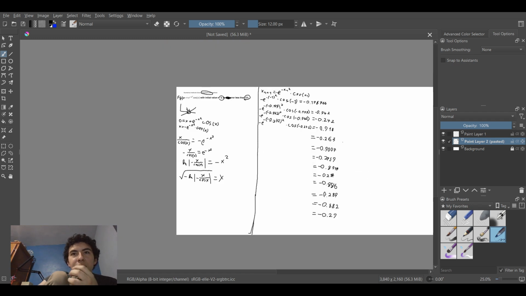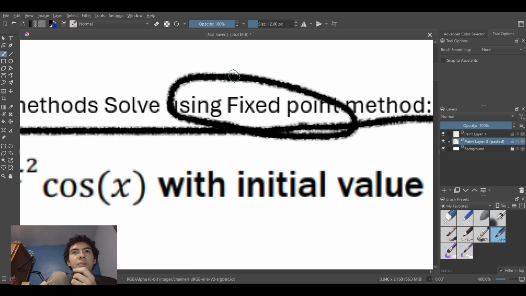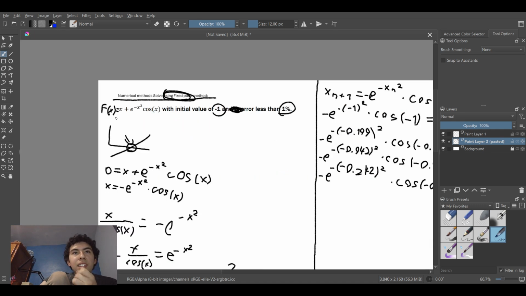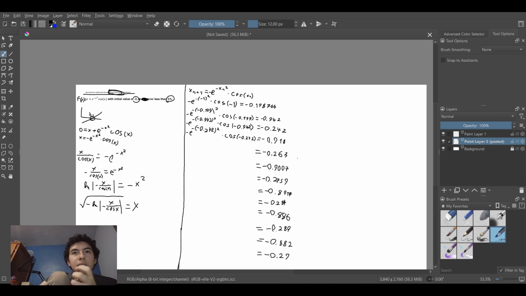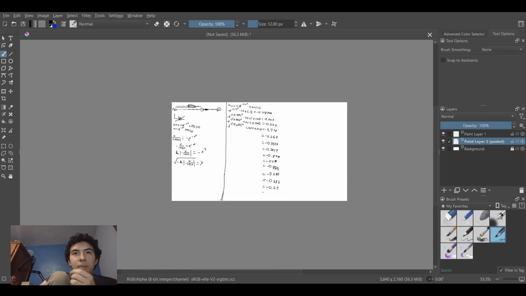Okay, so if we are forced to use numerical methods by using fixed point, then this is not really solvable because it will oscillate forever and ever. I mean, we could technically use a different method. Should I try that? Hold on, let me remember how they are used, because I have forgotten over the course of a few days.